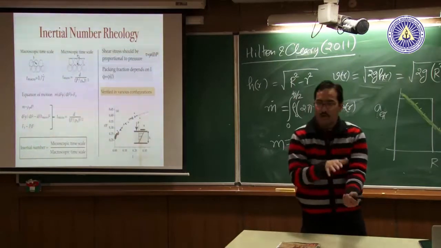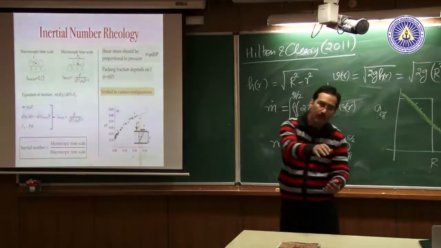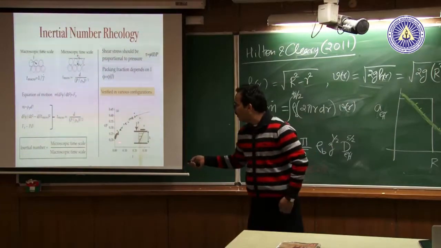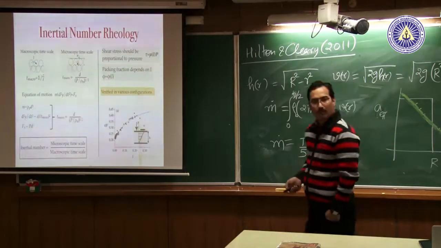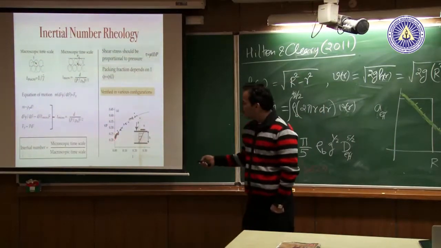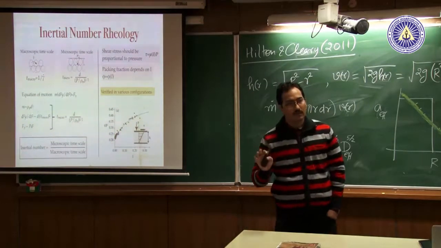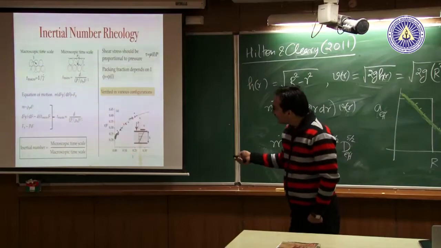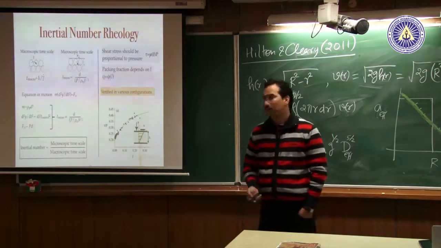If you have two solid surfaces in contact, let it be many solid particles, and you try to push, you'll have a minimum value of friction coefficient beyond which you can't really see any motion. And once that motion starts, you see a non-linear variation in this effective friction coefficient, and that does seem to depend only on this inertial number.